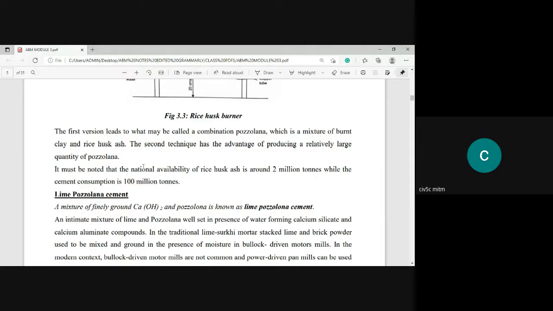While burning, you already know that carbon dioxide will be liberated. This carbon dioxide, a very harmful greenhouse gas, will be liberated to the atmosphere. In order to take care of that, why can't we reduce the consumption of cement and replace it with a pozzolanic material?